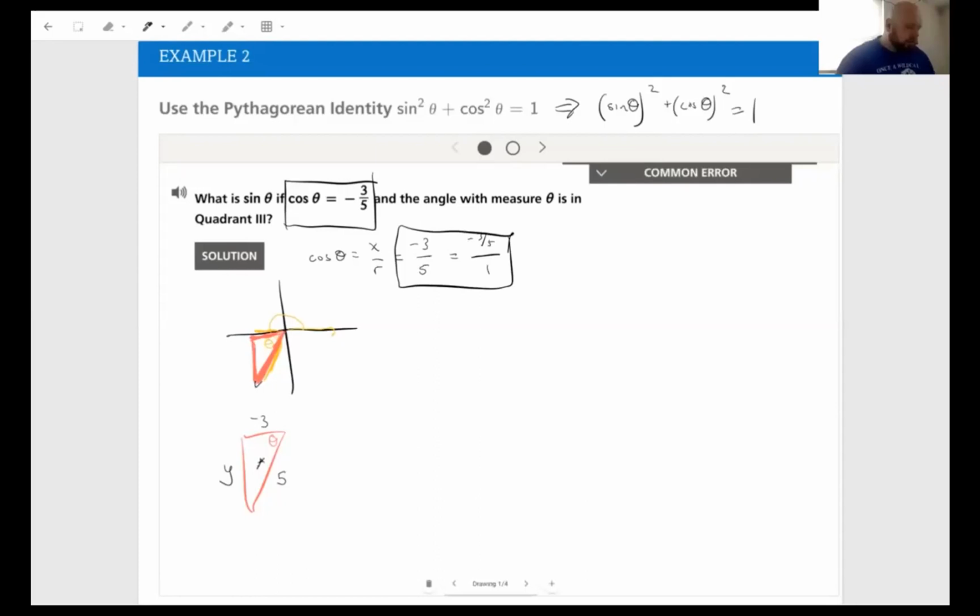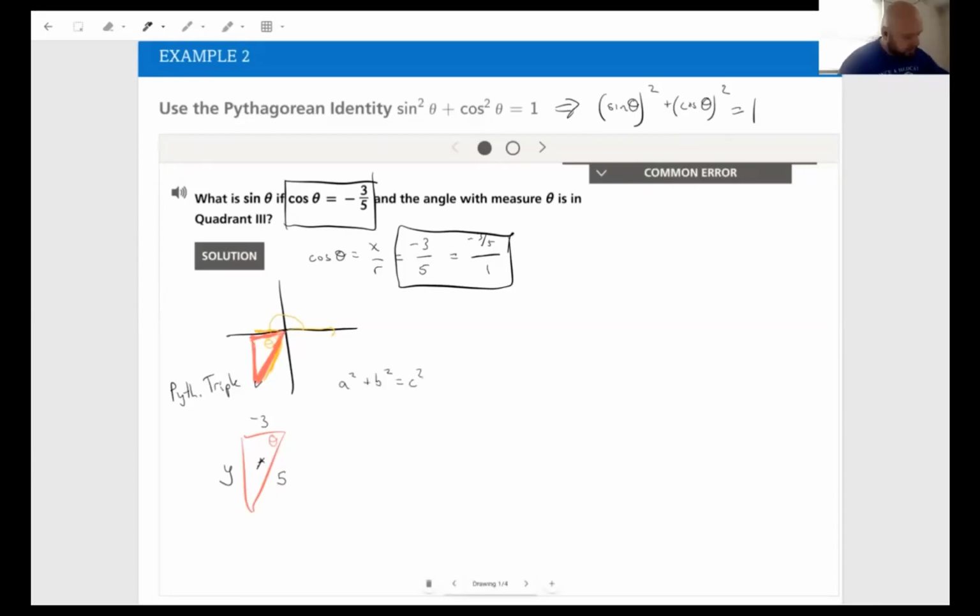If you know something called a Pythagorean triple, I'm not sure if I've talked about those at all this year, if you know those, you already know what the y value is, but if you don't, then you have to use the Pythagorean theorem. So we're going to say a squared plus b squared equals c squared. A and b, it doesn't matter which they are, but c has to be your radius.